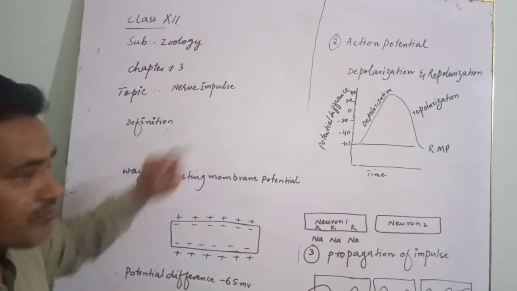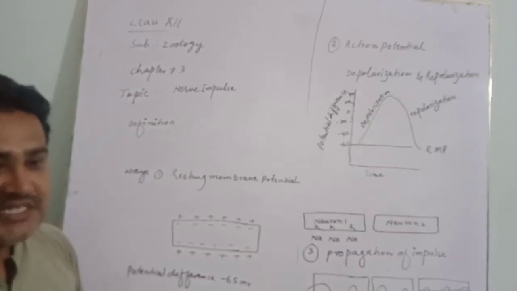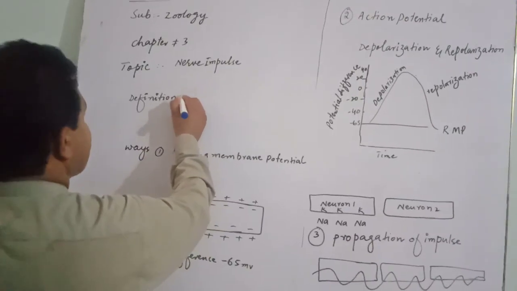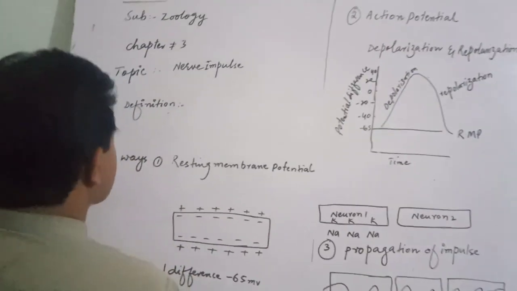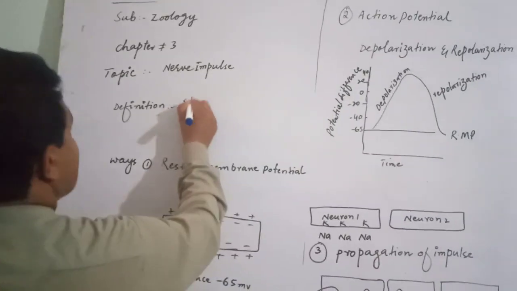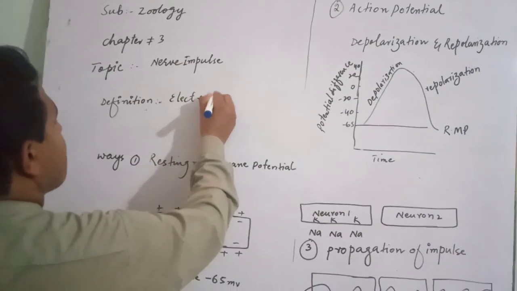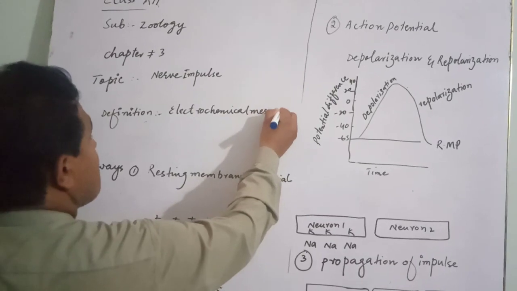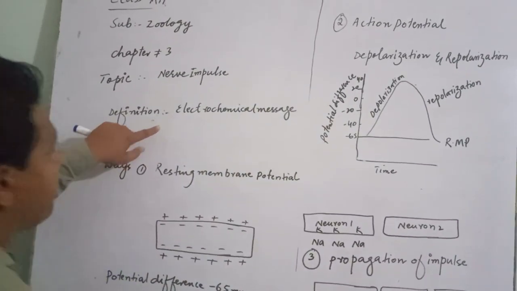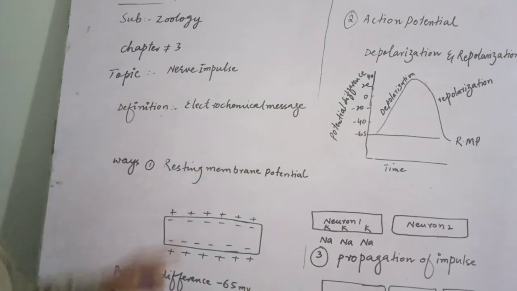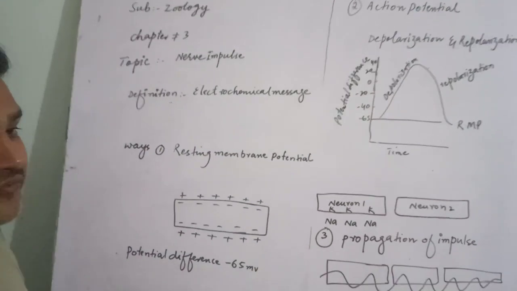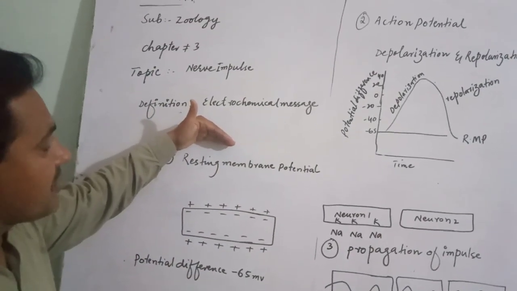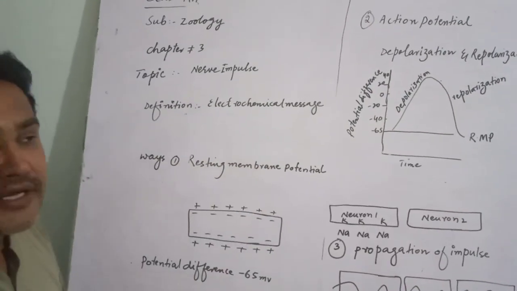Definition of nerve impulse: nerve impulse is an electrochemical message from one neuron to another neuron, or a wave of electrochemical message which passes from one neuron to another neuron.